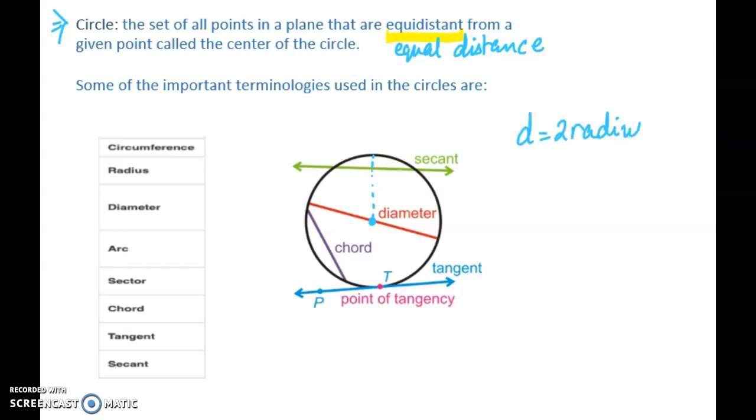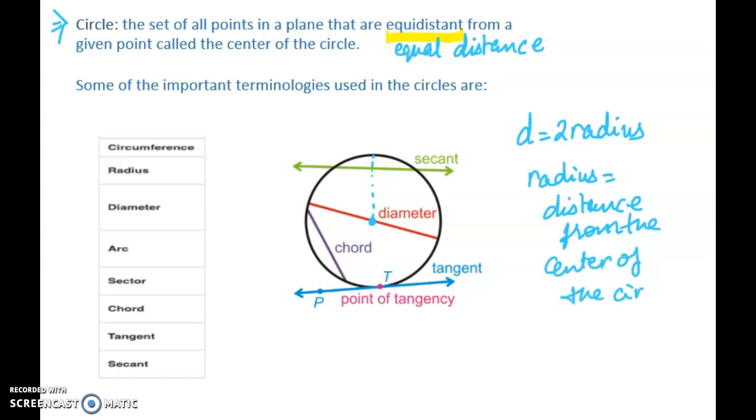And what is the radius? Radius is the distance from the center of the circle to any given point on the circle.